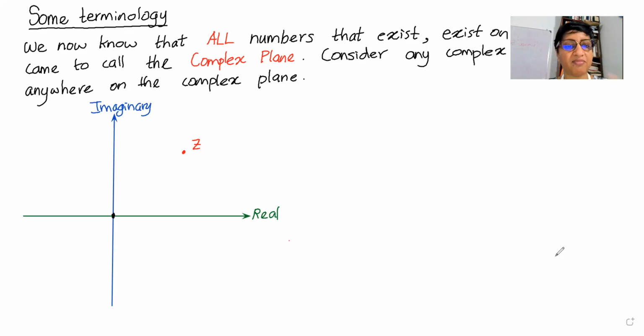Okay, so I have marked it here. So this will have some real component. These are the words that we are going to learn. These are called parts. We say real part and imaginary part. It's going to have a real part and an imaginary part.